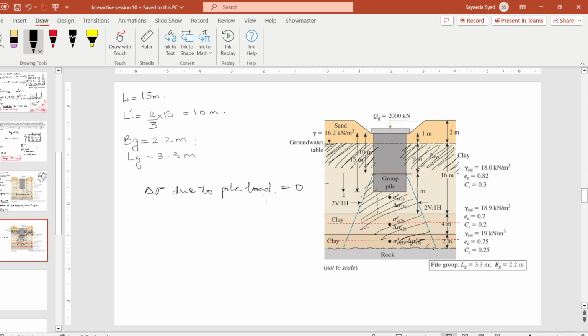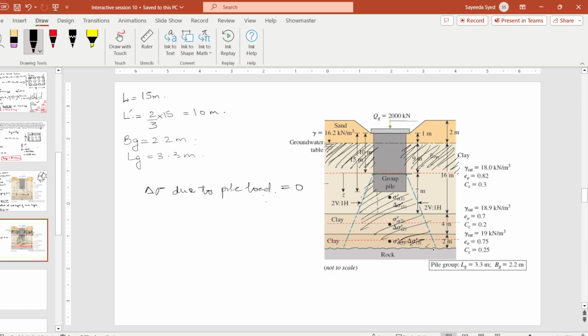And our formula for settlement is Cc by 1 plus e naught times H times log of sigma plus delta sigma over sigma. If delta sigma is 0, this becomes log 1, which equals 0, and this whole term becomes 0.